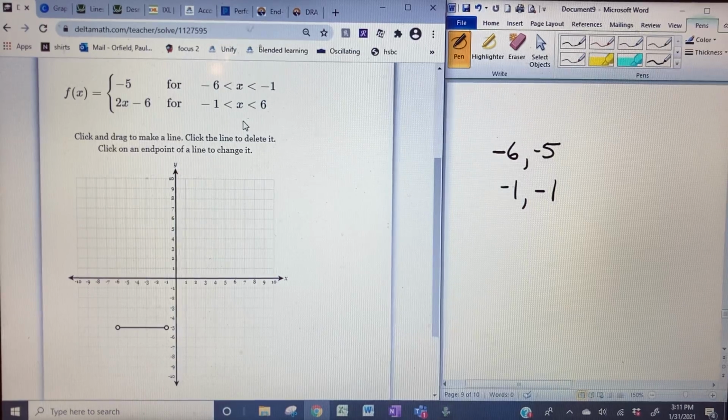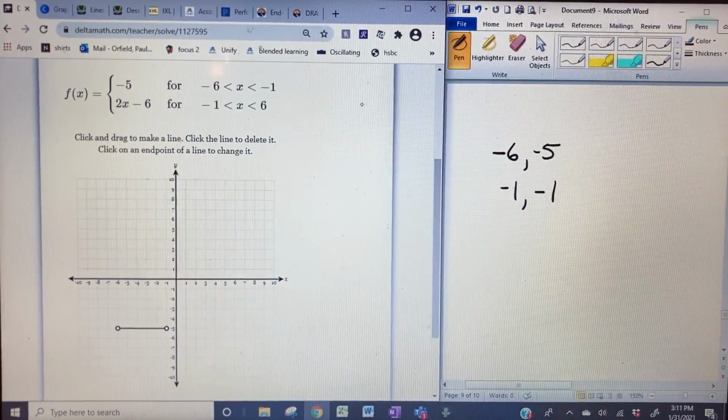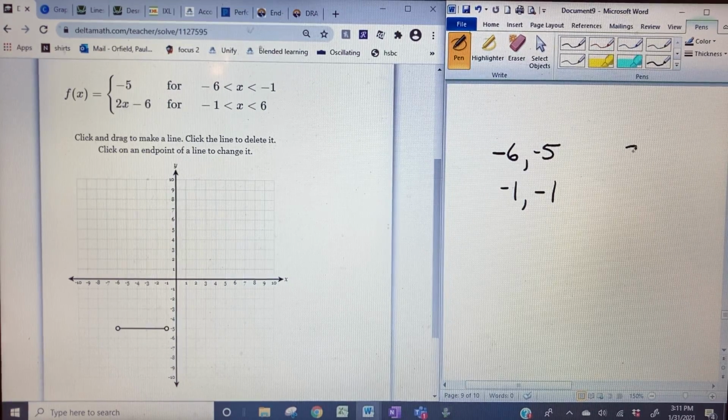Now I'm going to work left to right. Okay, so I'm going to start with the value here. I want to move left to right so that I can graph my slope easily. So I'm going to start with the x value of -1, and I'm going to plug it into the equation 2x minus 6.